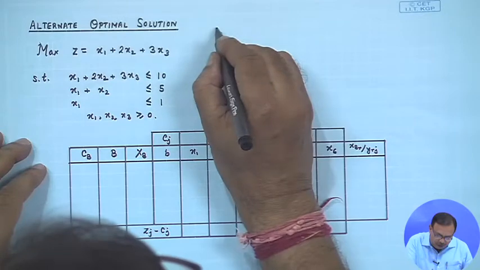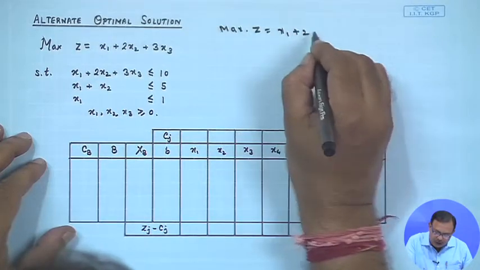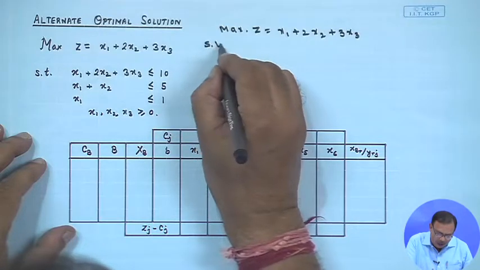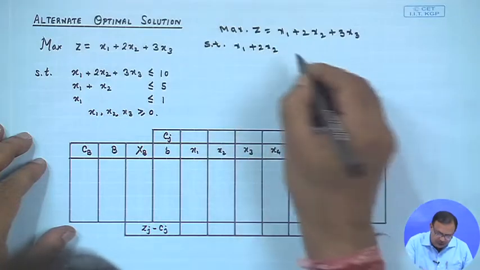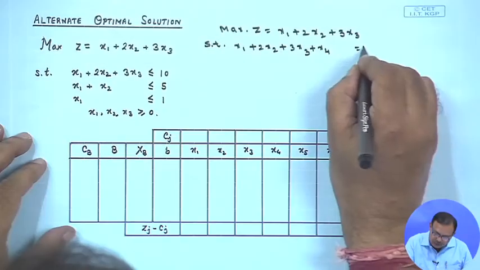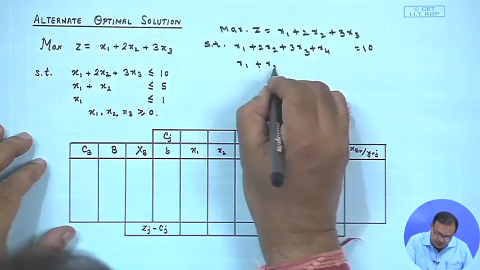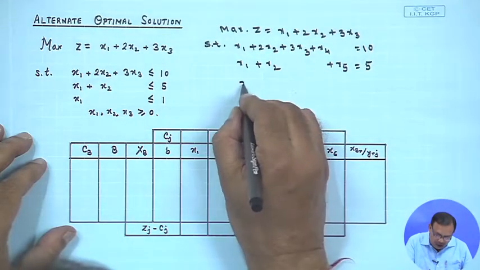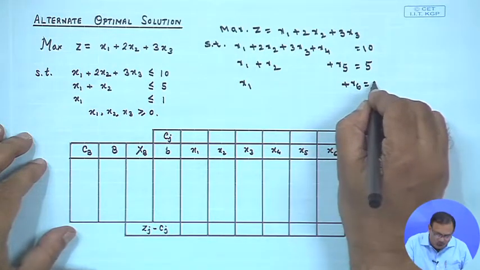So in standard form we can write: maximize Z equals x1 plus 2x2 plus 3x3 subject to x1 plus 2x2 plus 3x3 plus x4 equals 10, x1 plus x2 plus x5 equals 5, and x1 plus x6 equals 1.